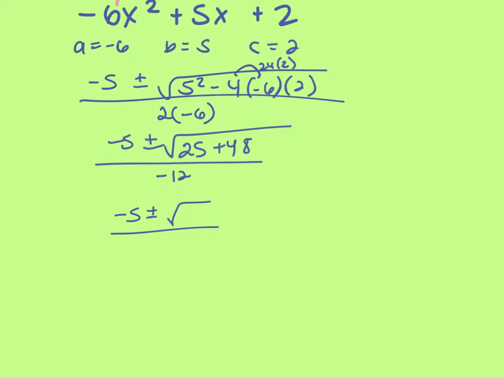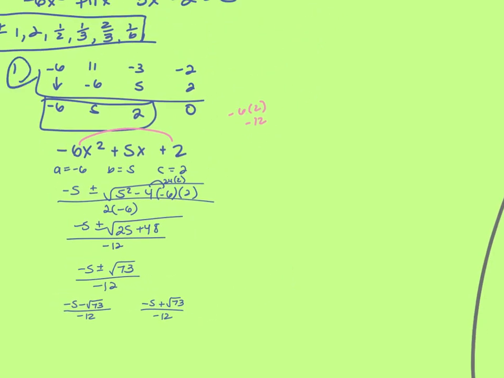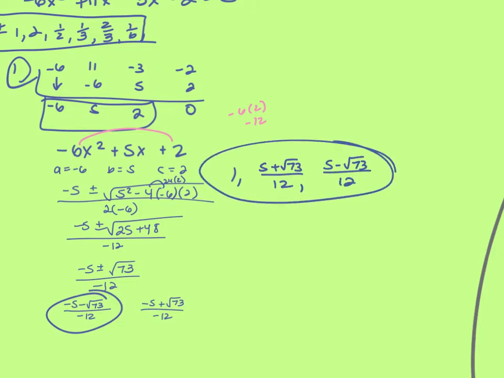Hang on, this becomes 73 over -12. So your other two roots are -5 minus root 73 over -12, -5 plus root 73 over -12. We don't want the negative in the bottom, so when you list them, it's going to be the one that we got, and then change your signs here. So 5 plus root 73 over 12, and 5 minus root 73 over 12. And those are your 3 roots.